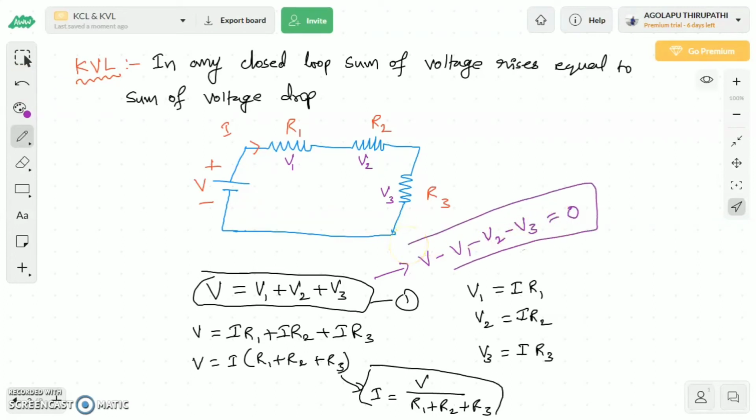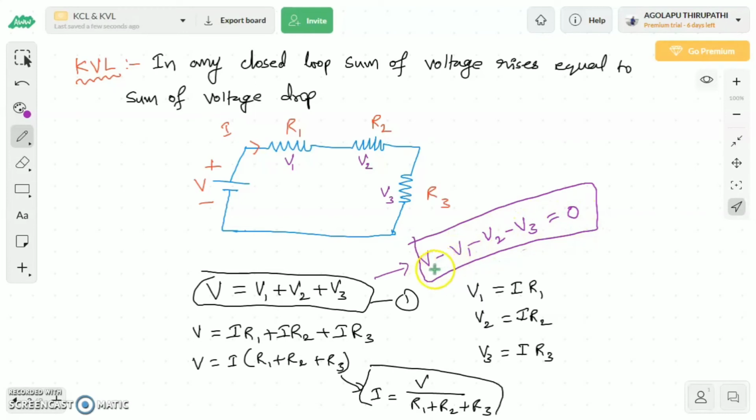Okay. So from this equation also we can say the definition of the Kirchhoff voltage law in other words. So from this equation, Kirchhoff law statement is, in any closed loop, algebraic sum of the voltage rises and voltage drops is equal to 0.